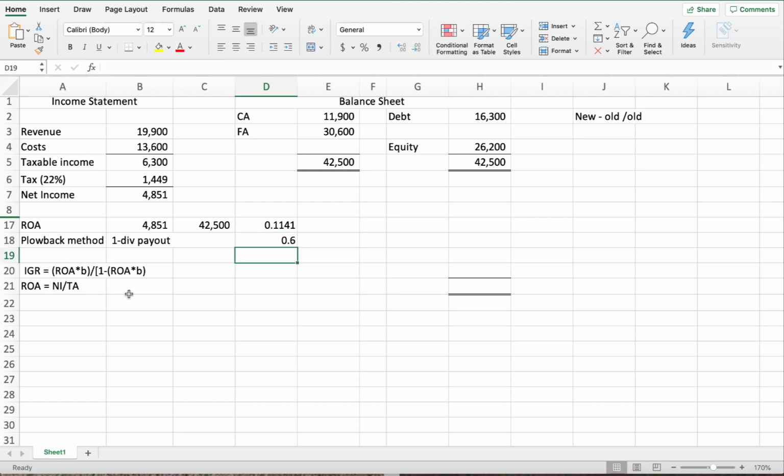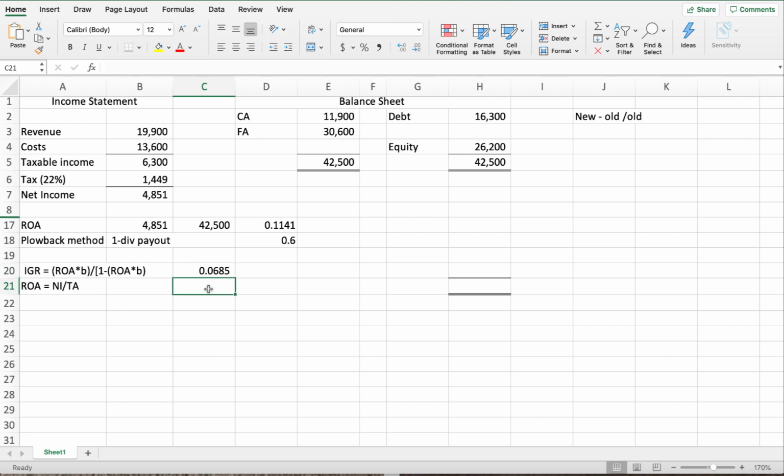So now we can plug in all these numbers to calculate what our internal growth rate is. I'm going to break the calculation down a little bit. I'm going to take my ROA, which is 11.41, times my plowback ratio. I need to add some decimals. So I got 0.0685.